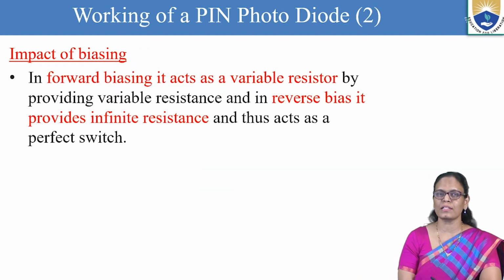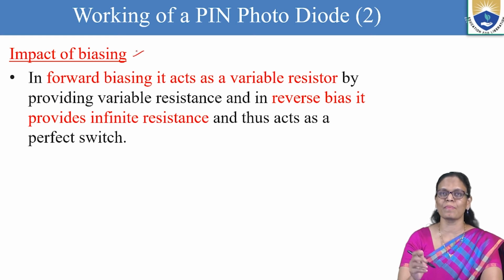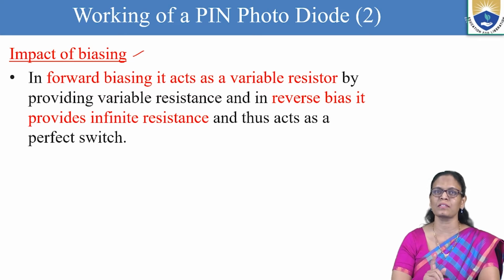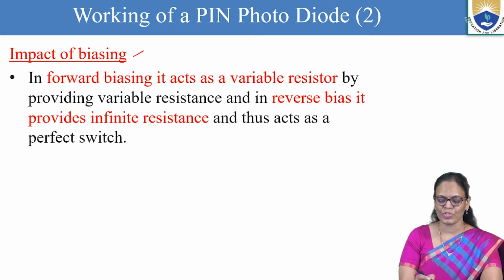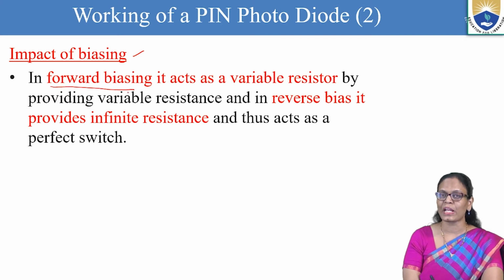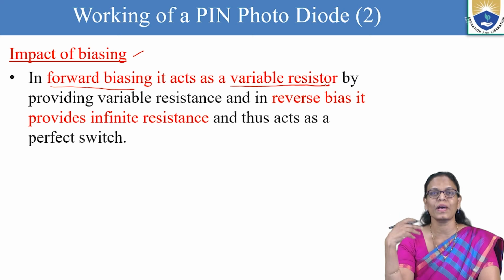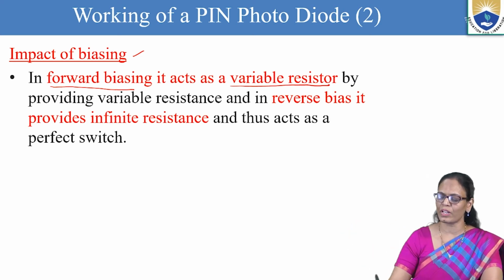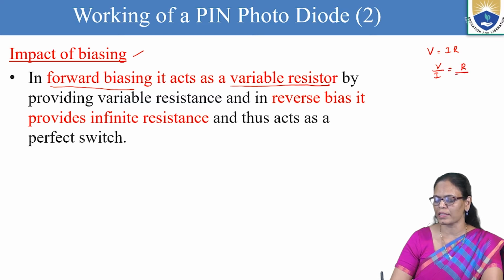So what is the impact of biasing? We have seen two biasing. One is forward biasing and one is reverse biasing. We will just summarize what is happening in biasing. In forward biasing, it acts as a variable resistor. Variable resistor means when the resistance varies, the current varies. We know that V is equal to IR, or V upon I is a constant, and that is nothing but the resistance.